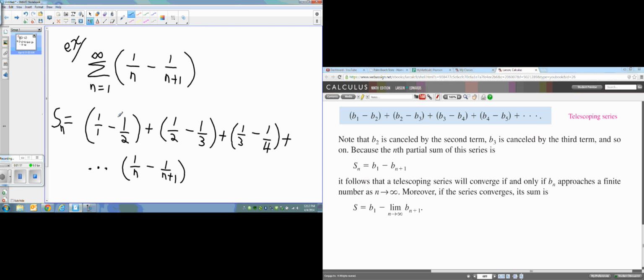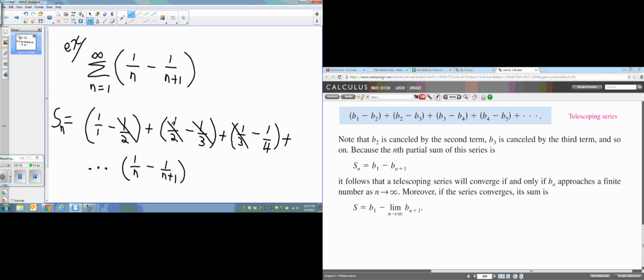This term here cancels this term here. There's a negative 1/2 and a positive 1/2. Here there's a negative 1/3 and a positive 1/3. So each term of the sequence that forms this partial sum cancels the term right before it, the part that you're subtracting off.